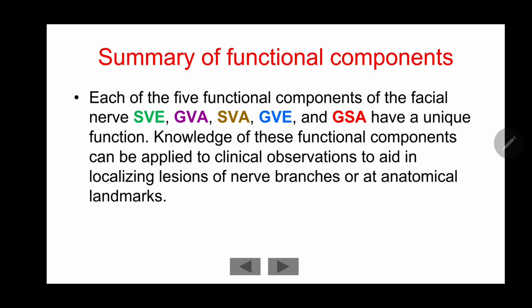So knowledge of these functional components can be applied to clinical observations to aid in localizing lesions of nerve branches or at anatomical landmarks. And the anatomical landmarks I have been telling throughout my lecture. If you were attentive, you would have heard everything. Okay, so that was all about this. Thank you.